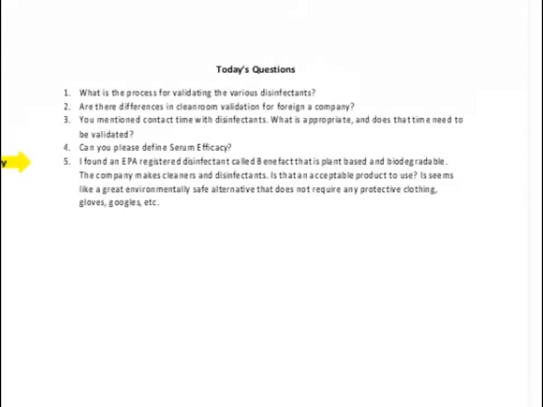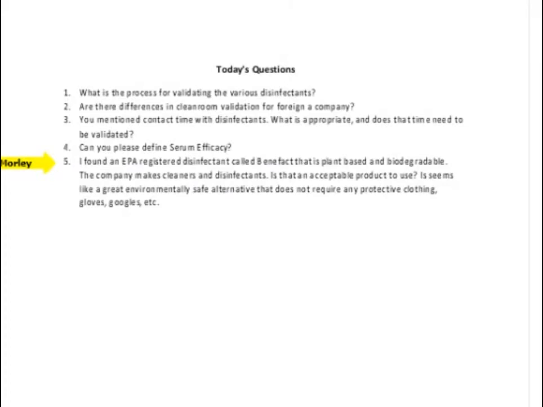And then the fifth question is, I found an EPA-registered disinfectant called Benefact that is plant-based and biodegradable. The company makes cleaners and disinfectants. Is that an acceptable product to use? It seems like a great environmentally safe alternative that does not require any protective clothing, gloves, goggles, etc. I'm assuming, yes, if it's an EPA-registered disinfectant, it should be okay to use.